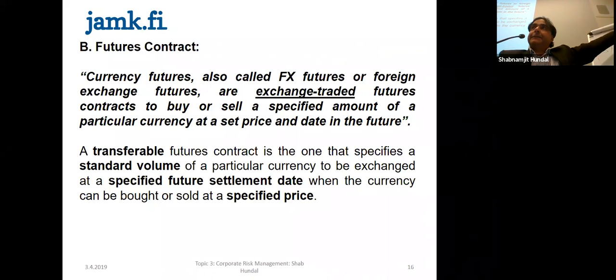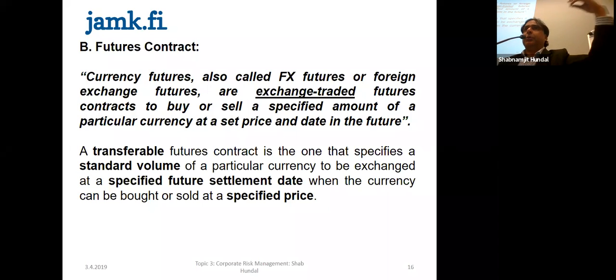It has to be a specific currency, right? And time period, because you can't keep it unlimited for life. Normally for the futures, the time period is less because you are waiting. The moment the good time comes, you strike, you walk out. Normally the forwards have the longer period, but the futures don't have such a long period. And of course, there's a rate of exchange we agree upon.